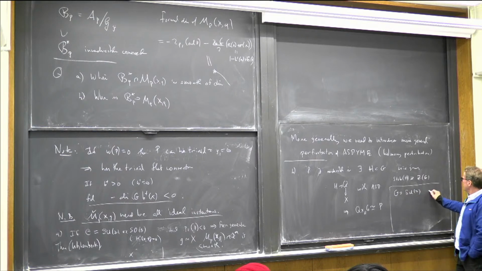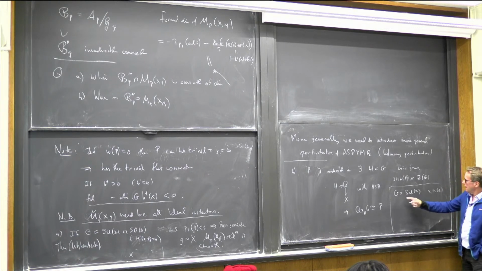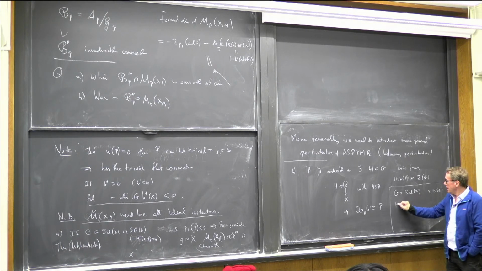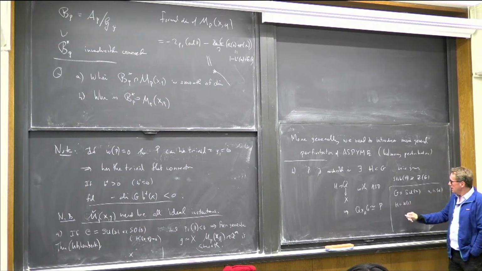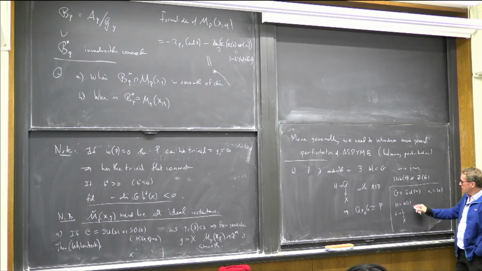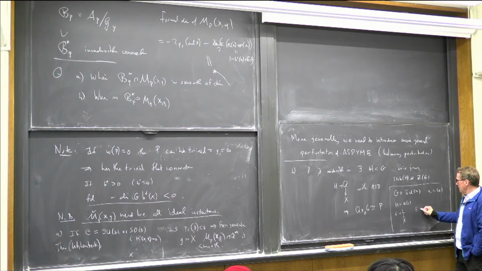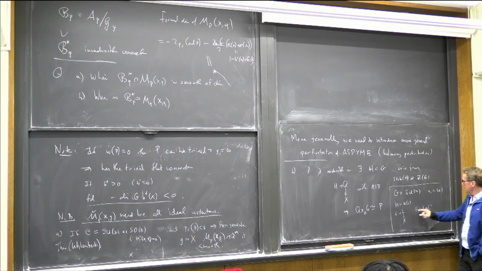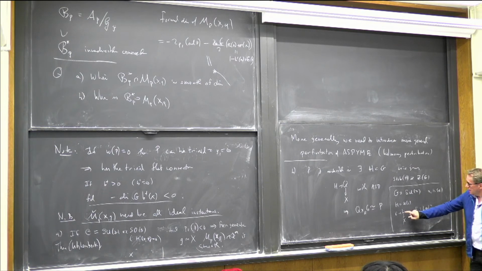Well, let's assume pi1 is trivial for simplicity, or H could be U1. So that means, in particular, I have this complex line bundle, so that if I look at the associated C2 bundle to G, it's equal to L plus L inverse.